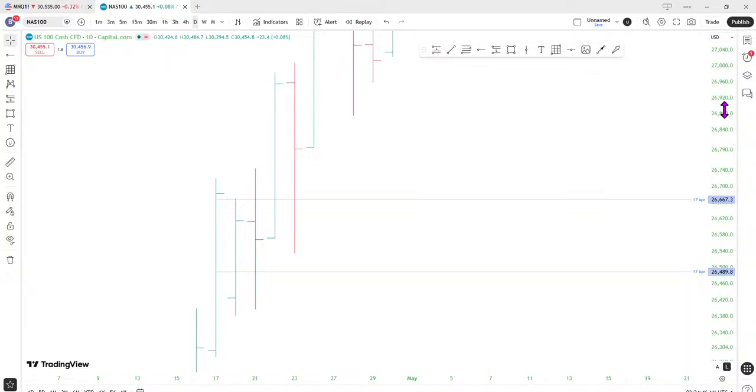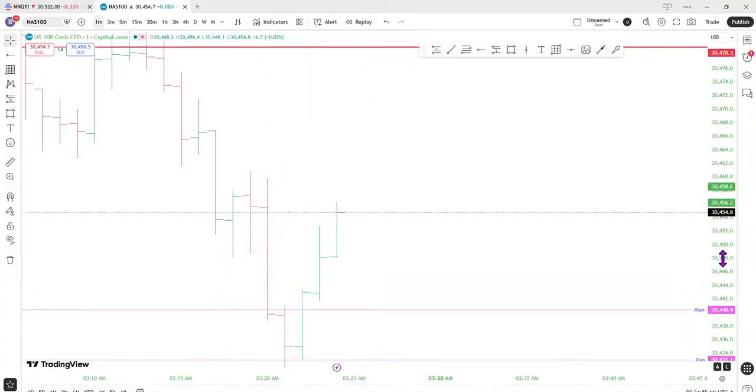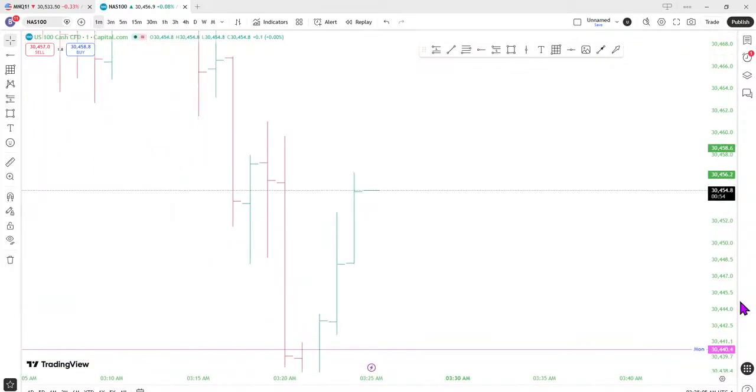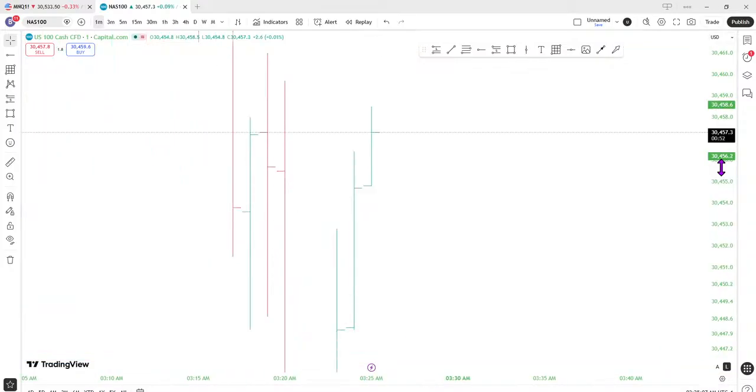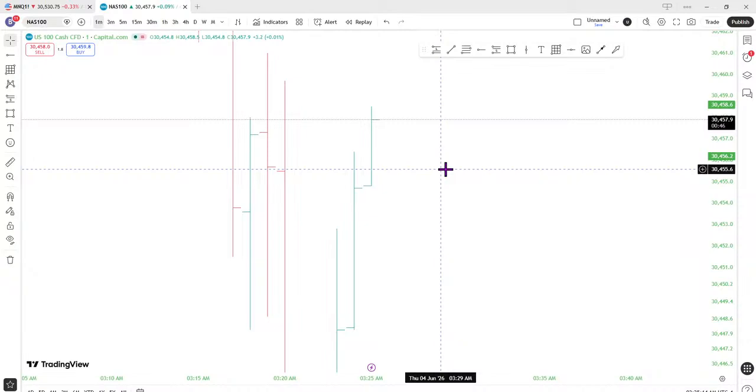If I take you to the recent candle that is forming currently, I want to show you something. Just see what the candle is doing. It has gone up. Do you see?